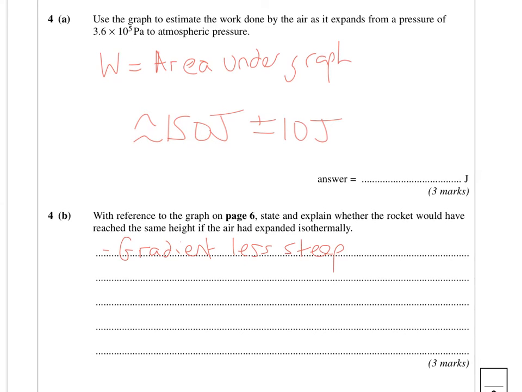So you're going to get a gradient that's less steep, but it's still going to go from the same high pressure to the same low pressure, but it's just going to take longer to do it.